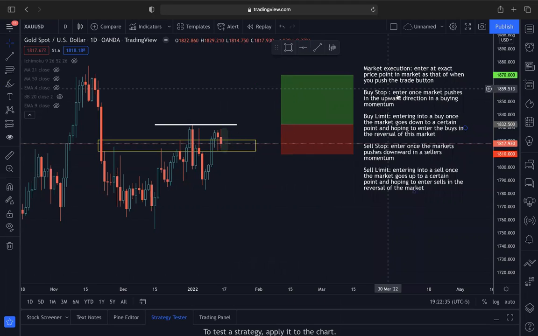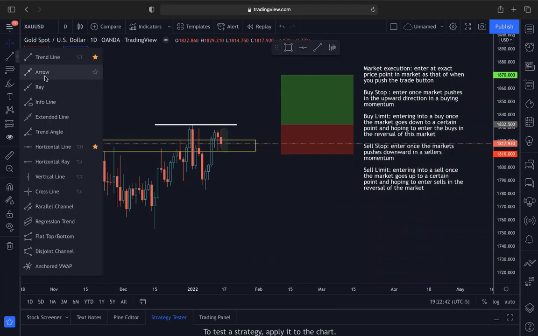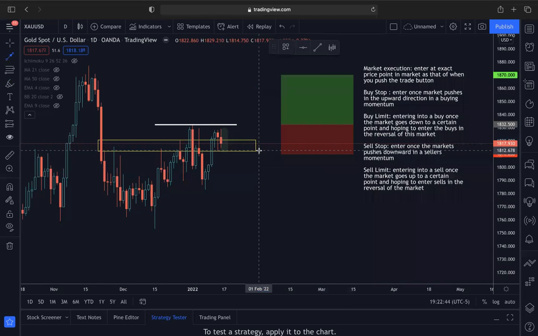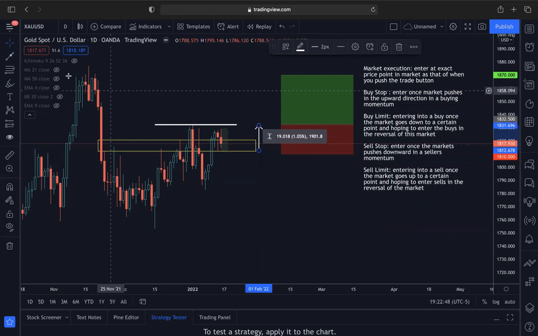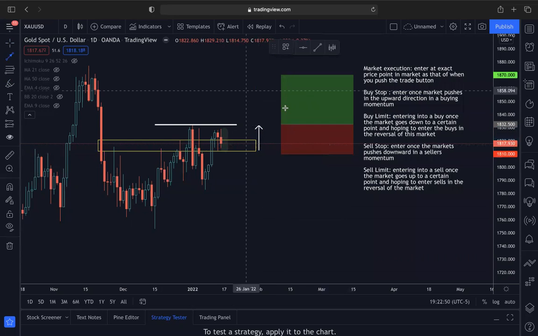So as we can see, buy stop, enter once market pushes in the upward direction in a buying momentum. So we're waiting for the sellers to get pushed out of this momentum for the market to push upwards. And once the market crosses that 1832.5 area, we're looking for it to continue here and into that buy on the opposing end.